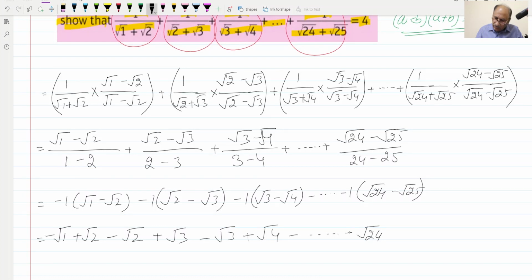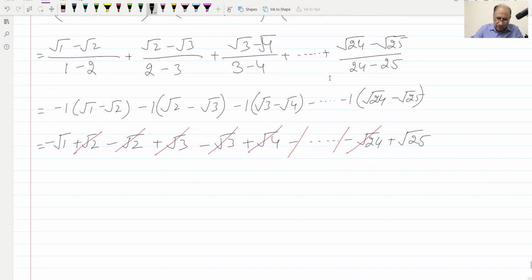This will be plus under root 24, and last term will be plus under root 25. Now each plus term will be cancelling with the minus term. This under root 24 will be cancelled with the next minus under root 24, and similarly this minus under root 24 will be cancelled with the previous term, and the remaining term will be what?